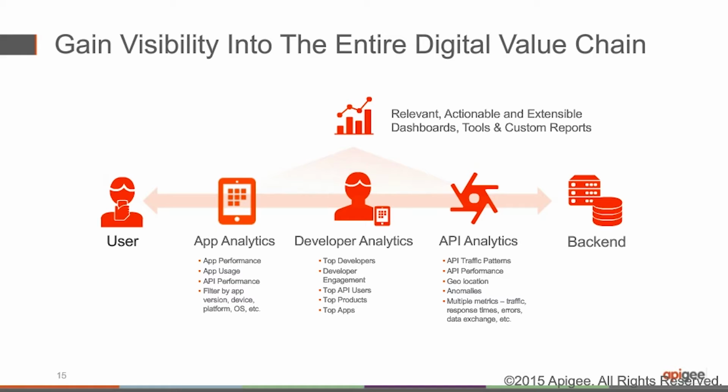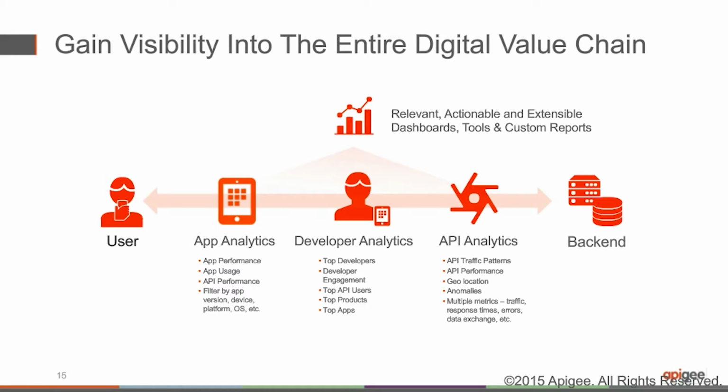So if errors go up unpredictably, or latencies go up, you want to be able to measure and detect that. And so there are a variety of different metrics that you can track and measure to understand the behavior of those APIs.